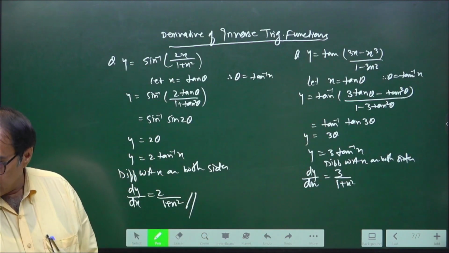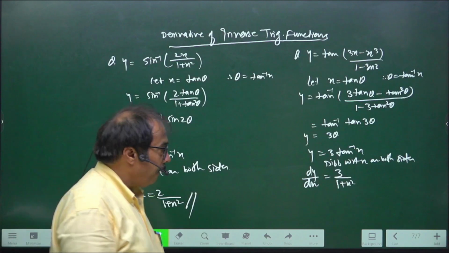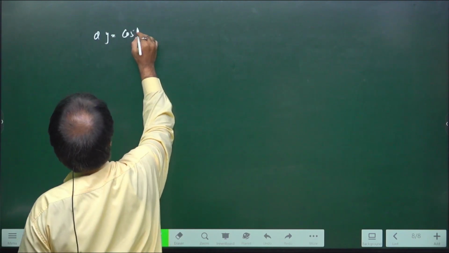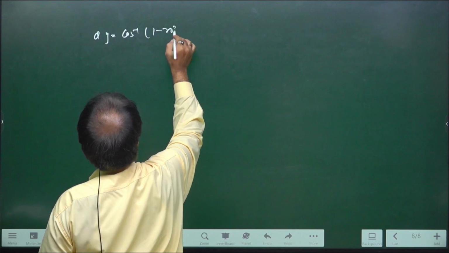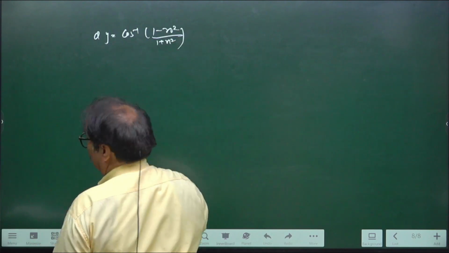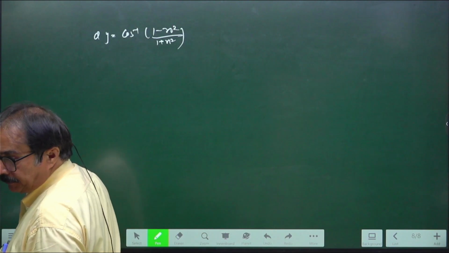Now I am taking another question. y is equal to cos inverse of 1 minus x square upon 1 plus x square, right?